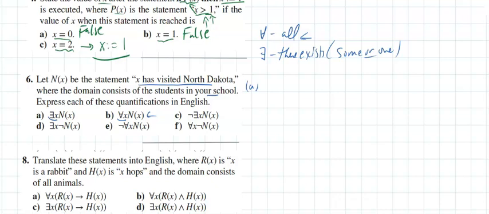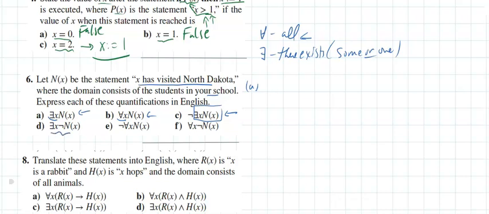Now, if you look at this, this is the negation of this. Remember that part A stated there exists a student or some students. The negation of that would be no student in the school has visited North Dakota. Or there does not exist a student in the school who visited North Dakota.